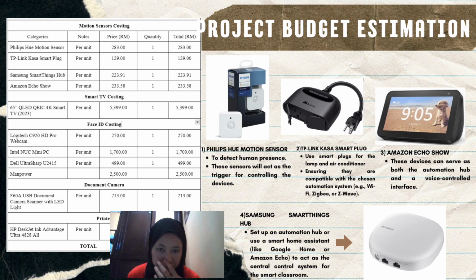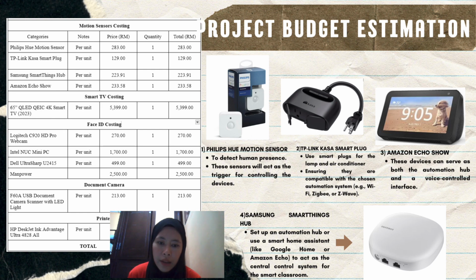Next is the TP-Link Kasa Smart Plug. The price is 129. The function is to use smart plugs for the lamp and air conditioner, ensuring they are compatible with the chosen automation system. The next one is the Samsung SmartThings Hub. The price is 223.91.